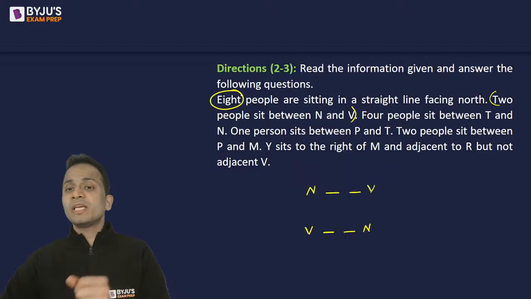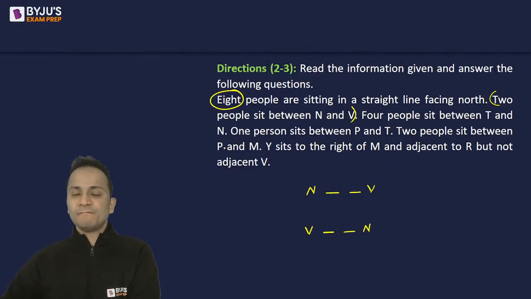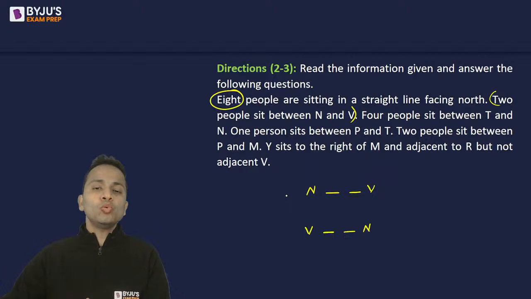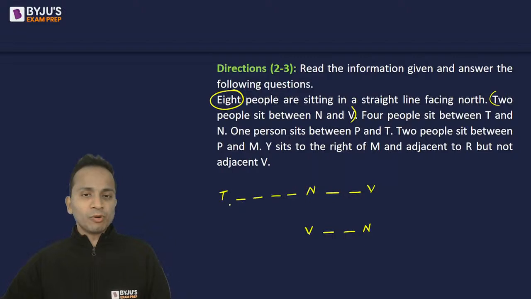You have to keep this thing in mind. Now 4 people sit between T and N. So in the first case, if I say that T is to the left of N, so 1, 2, 3, 4, 4 people between T and N. Now, if I count the number of people, it will become 1, 2, 3, 4, 5, 6, 7, 8, 9. But I have only 8 people.